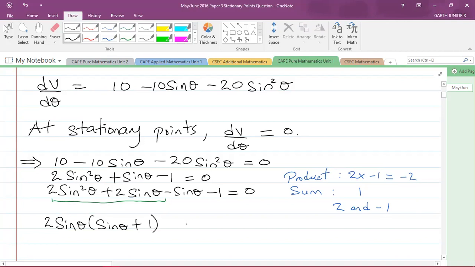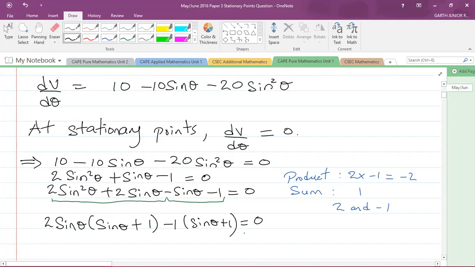All right, that is what we're going to have left. Okay, and if I now look at these two terms here, you can see that negative 1 is a common factor. So I'm going to factor out a negative 1. When I factor out a negative 1, in brackets I'm going to have sine theta plus 1.